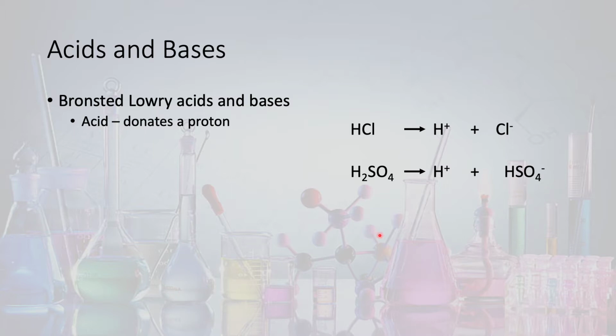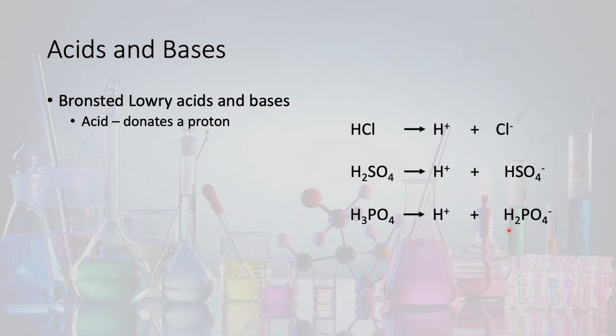Another example with slightly more biochemical and biological assay relevance is phosphoric acid. So phosphoric acid, H3PO4, when dissolved in solution, under the right circumstances, will donate one hydrogen ion to solution, or one proton, and then its negative electrolyte here, H2PO4 negative.